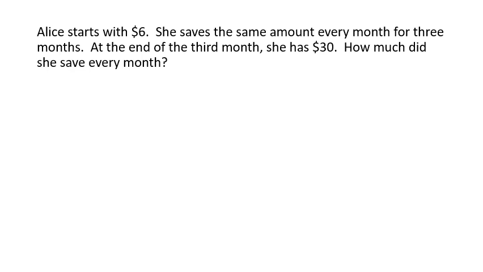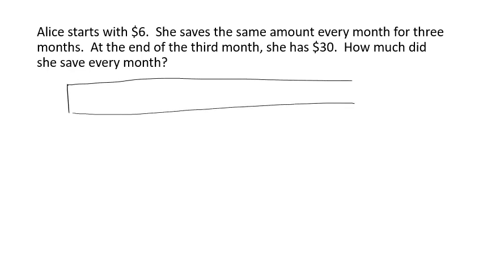You can see sort of how we use this model. So it's a strip model. So I need a strip. And we're going to think of this like a little piece of paper, right? And I'm going to mark off $6 here. And this is the $6 that Alice started off with. I'm going to break the rest of it into 3 equal parts. And so this is how much she saved the first month, the second month, and the third month.